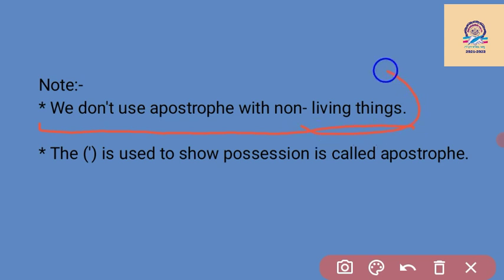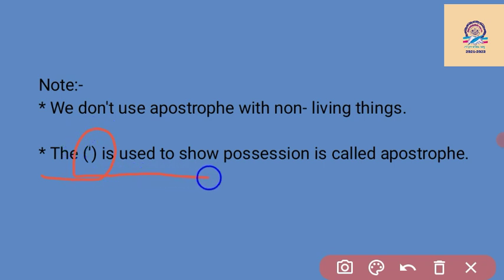Remember it carefully, we cannot say the table's leg or the car's wheel, that is wrong. So we can use apostrophe only with living things.